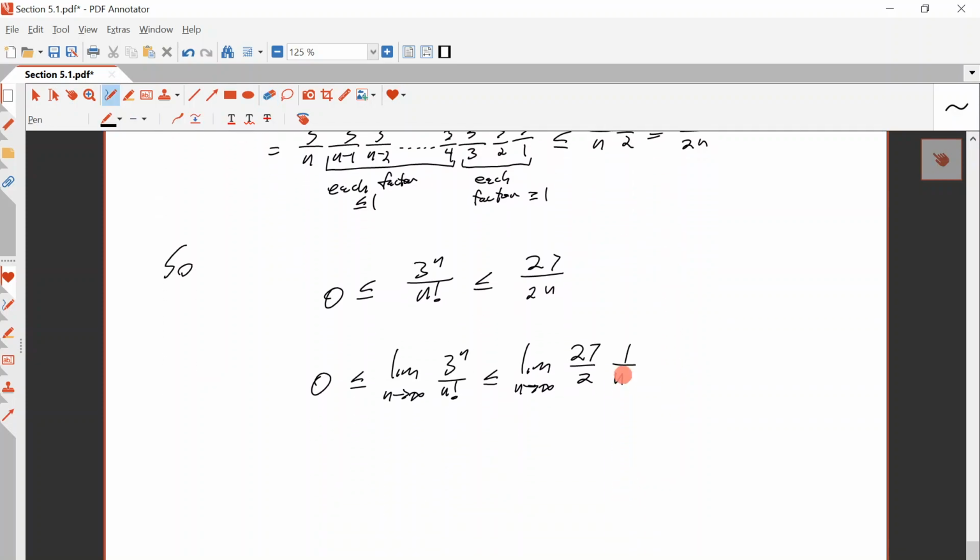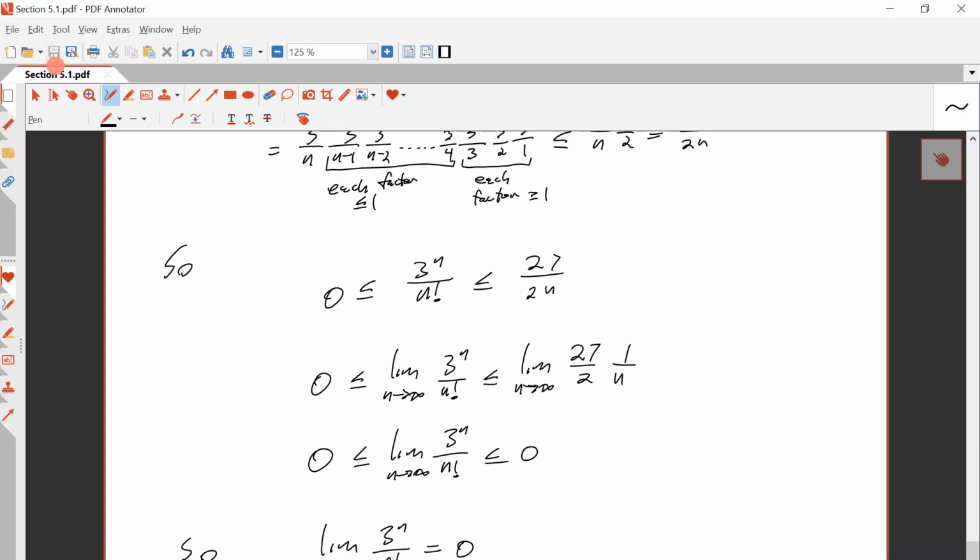But we know that that limit is 0. So the limit as n goes to infinity of 3 to the n over n factorial is equal to 0.